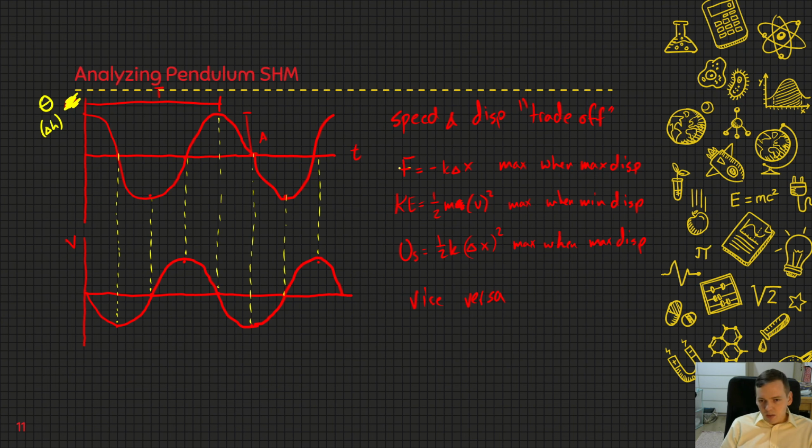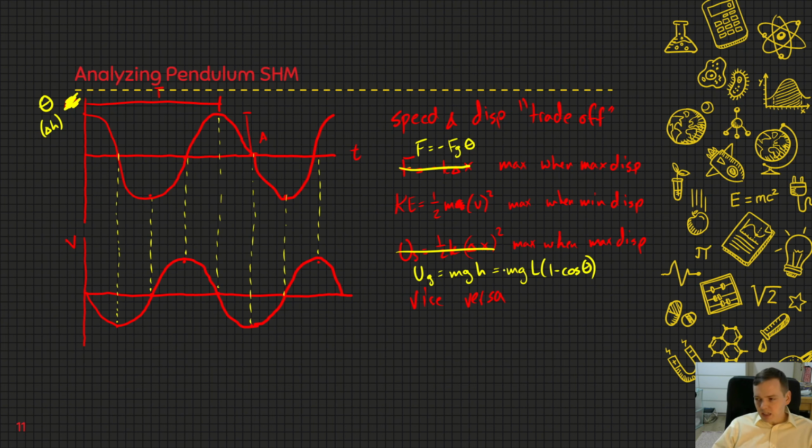So again, F is equal to negative Fg theta, and it's still maximized when theta is maximized. Kinetic energy is completely the same, but instead of Us, we're going to have Ug equals mgh, which is also, like we just derived, mgL times 1 minus cosine theta.